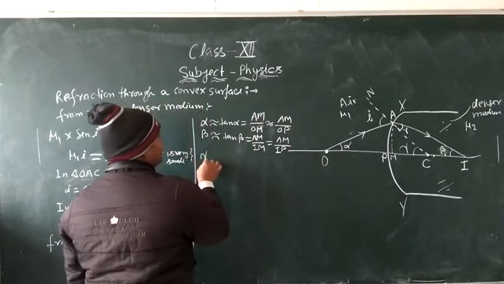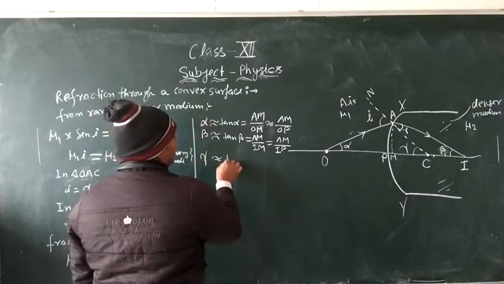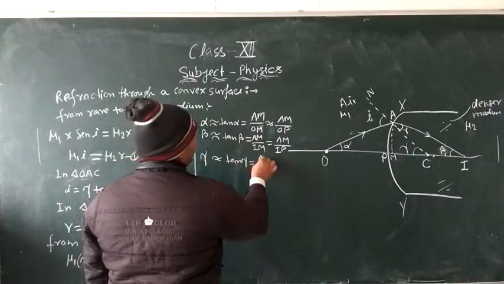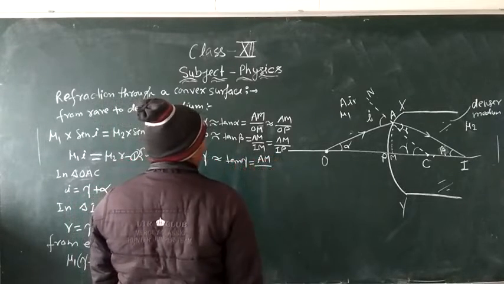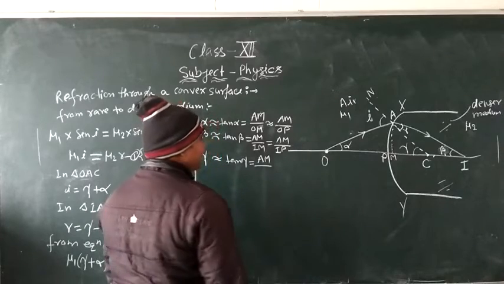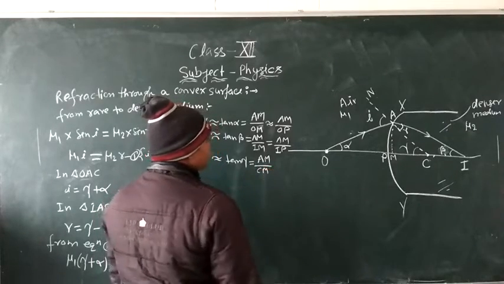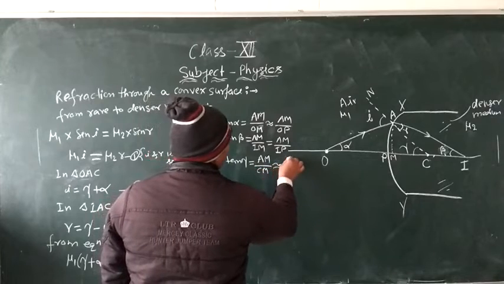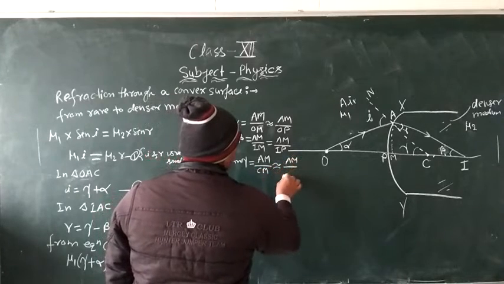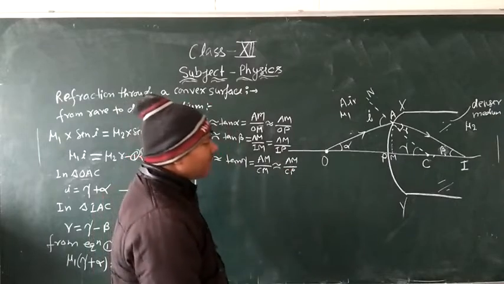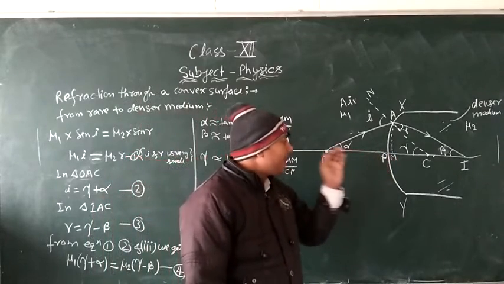And gamma is nearly equal to tan gamma, which is AM upon CM, equal to AM upon CP. Why do we replace M by P?